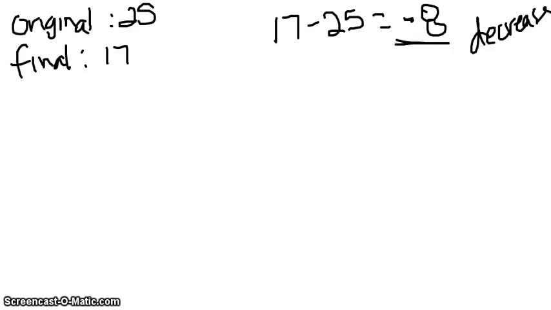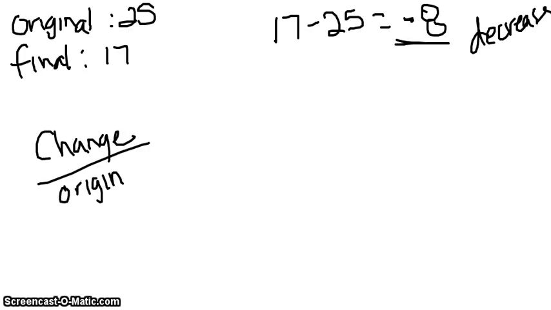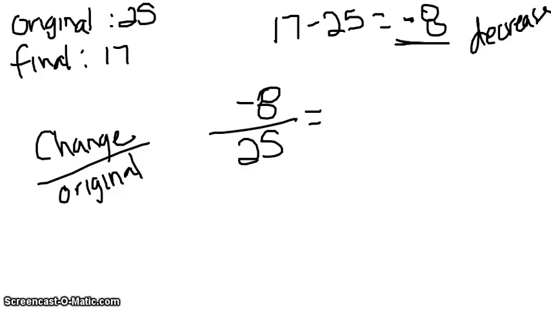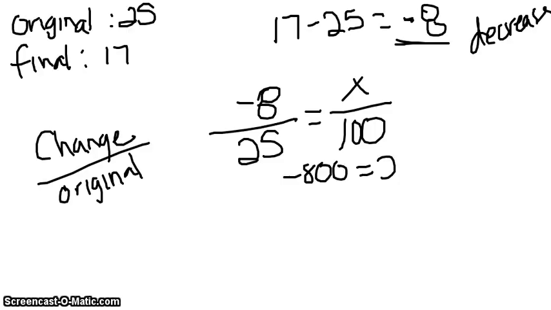So I'm going to take the change over the original. The change was -8, and the original was 25. And that's going to equal a percent, but I don't know what the percent is, but it's going to be something out of 100. Cross multiply, we get -800 equals 25x.